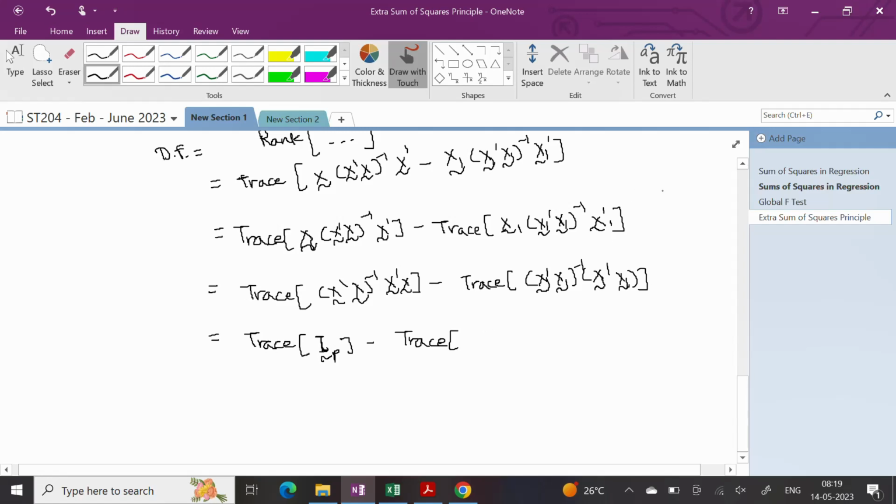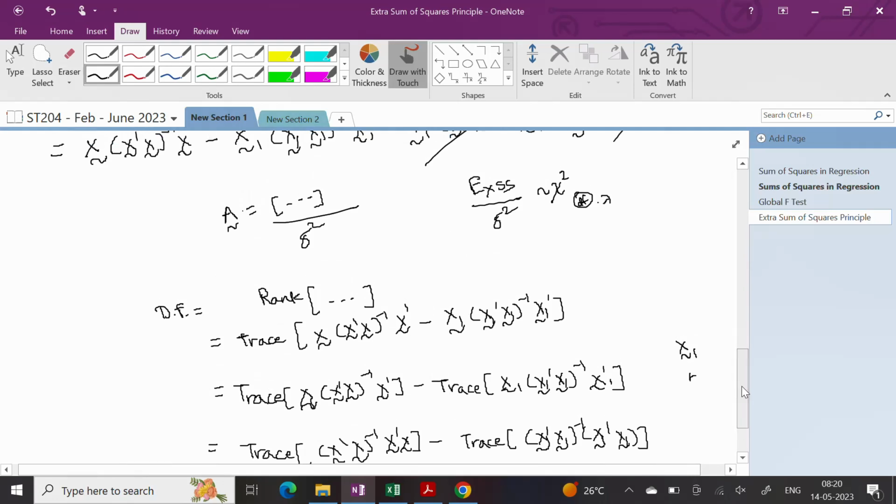So for example, in my X1, the number of regressors that I have in my model is suppose R. Then this becomes trace of I_R. So this is P minus R. So what I have is extra sum of squares divided by sigma square follows chi-square with P minus R degrees of freedom, and then we can pair it up with the error sum of squares from the full model, and we can test the ratio to have an F distribution.